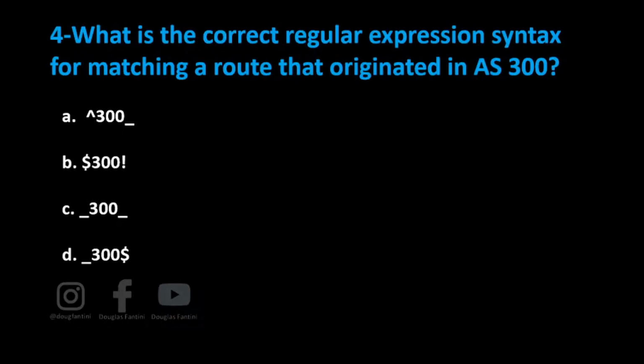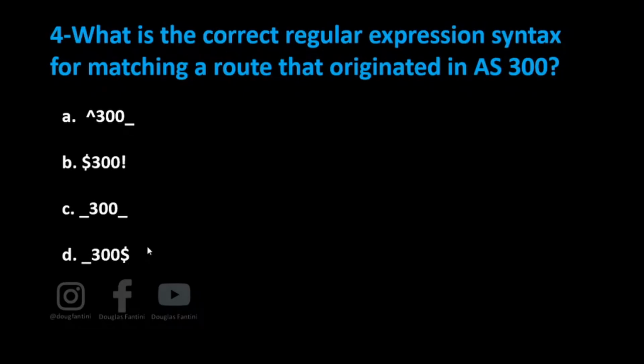Question number 4. What is the correct regular expression syntax for matching a route that originated in AS 300? For you to answer this, you must know these symbols. Each of these symbols is part of the correct syntax. And what is a correct syntax?